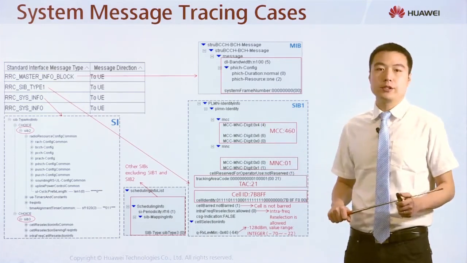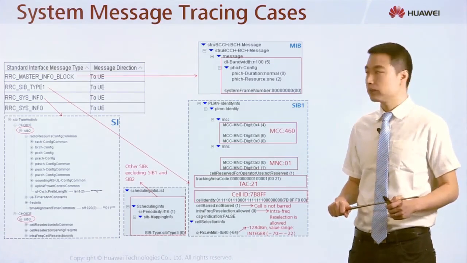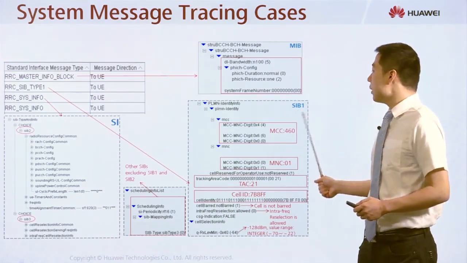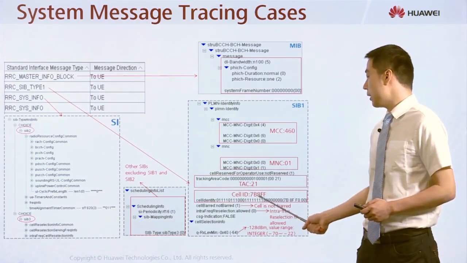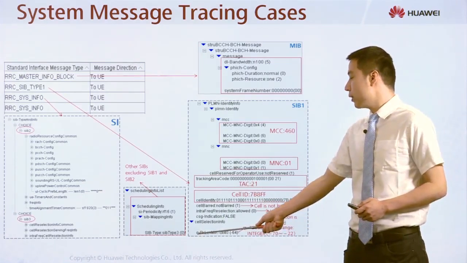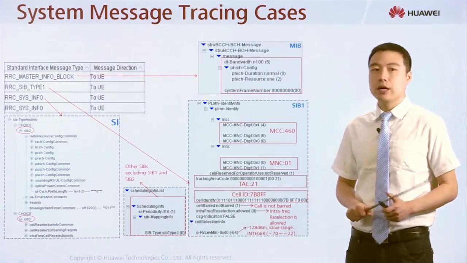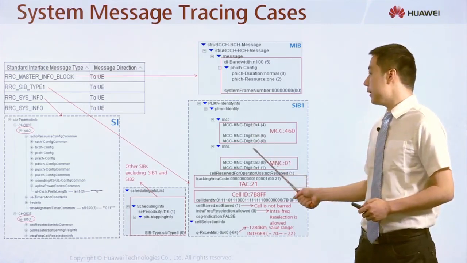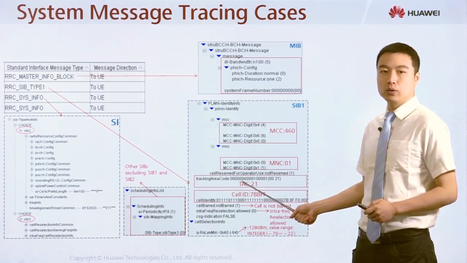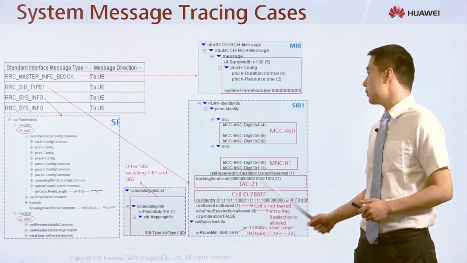Using these 5 digits, we can identify an operator uniquely all over the world. And for the SIB1, we also have some other information like the tracking area code and the cell ID. And also here, these parameters, Q-RxLevMin. These are parameters for cell selection. So for the SIB1, a lot of important information is carried, like the PLMN ID, the tracking area code, the cell ID, and the parameters for cell selection.